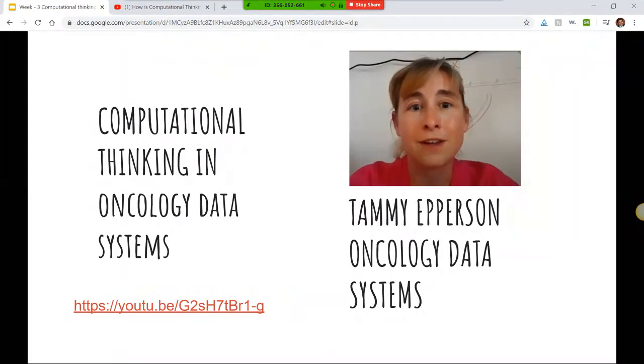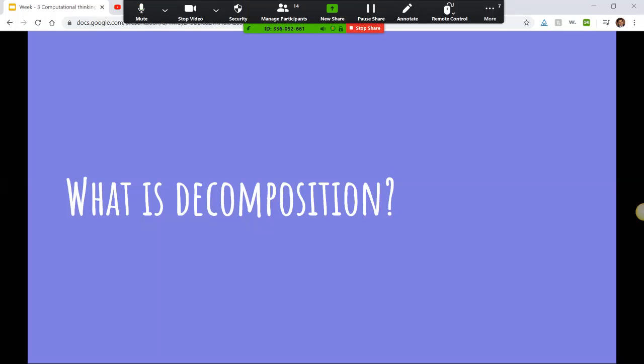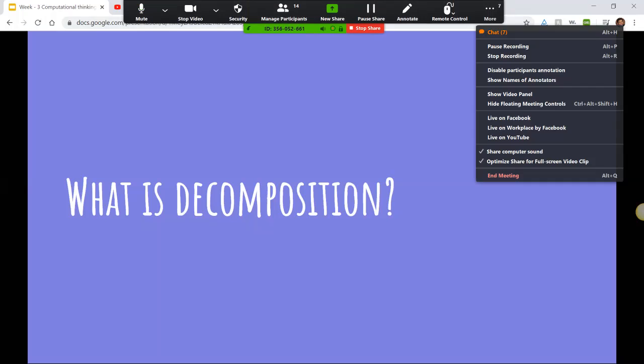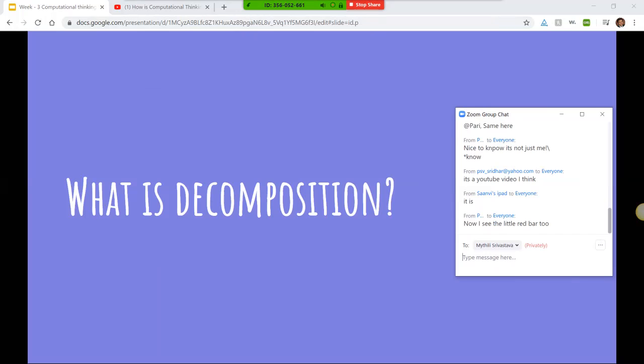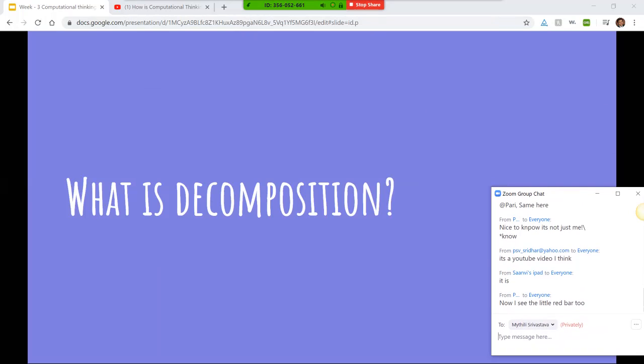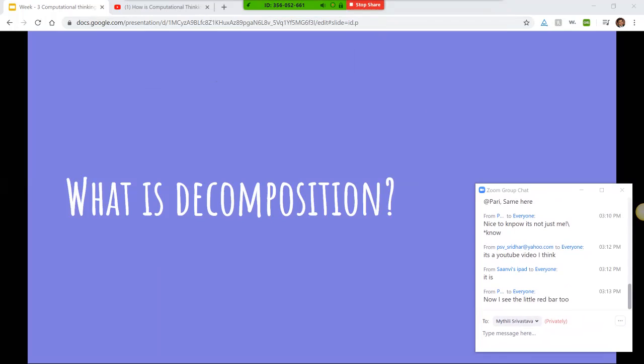All right. So what is decomposition? Does everyone know what decomposition is by now? Can anyone tell me? It's breaking down a problem into multiple smaller steps. Yes. And why do you do that? Why do you break it down into multiple smaller steps?